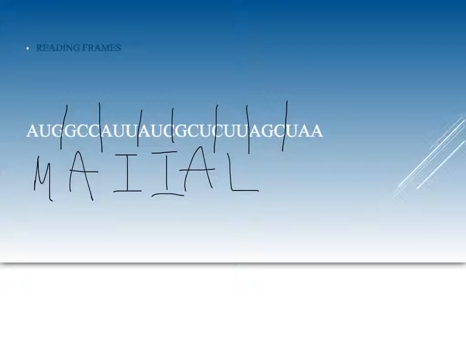And we have AGC for serine. And we have UAA, which is a stop codon. Now that's how you would normally read this polypeptide, but there's a few ways we can change that through mutations.